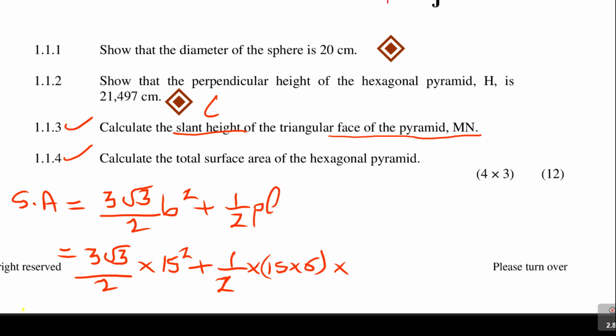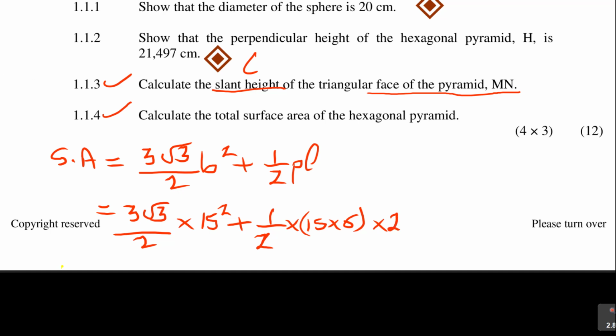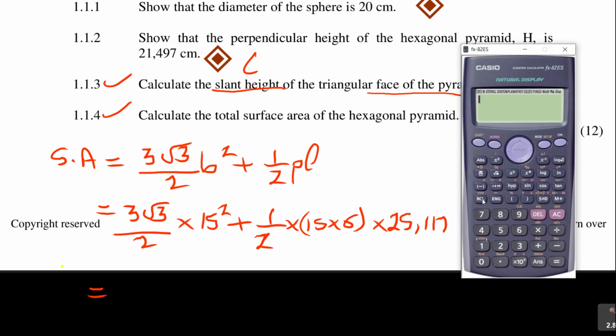times the slant height, the one that we just calculated, which is 25,117. It's a bit long, understandable, but you need to familiarize yourself with this. So the square root of 3 over 2 times 15 squared plus 1 over 2, in brackets 15 times 6, times 25,117.